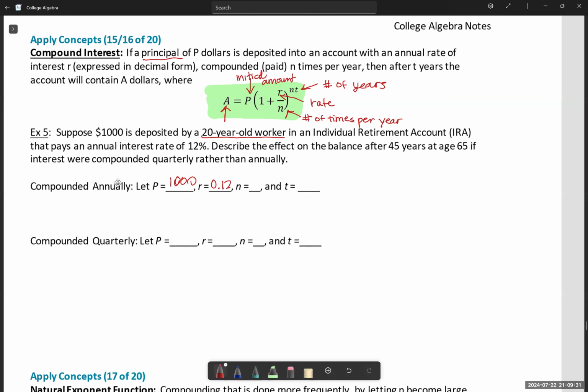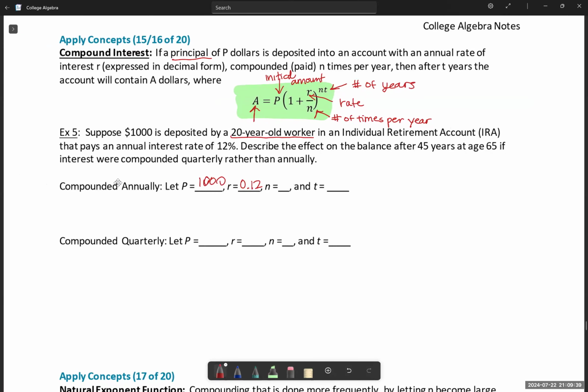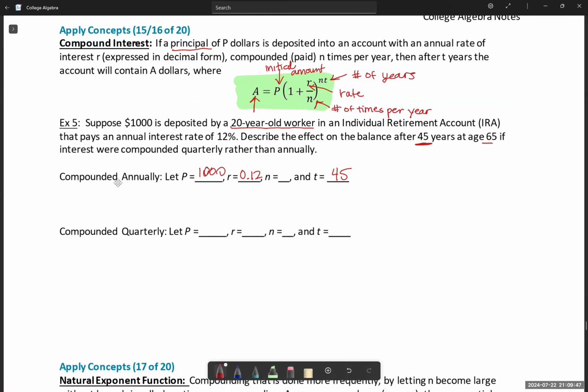That's 0.12. You always want to write your percentages as a decimal. Describe the effect of the balance after 45 years. So 45 years passed, the person's now 65. We don't actually care about their age, because it tells us the number of years.